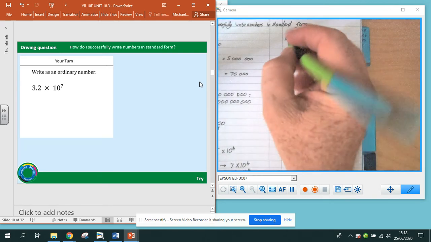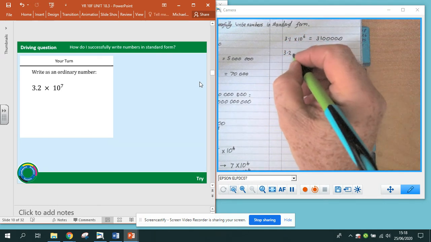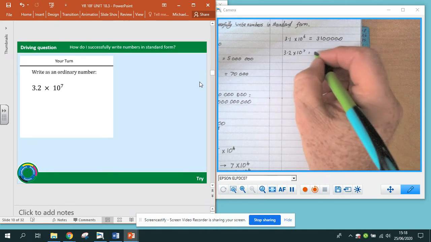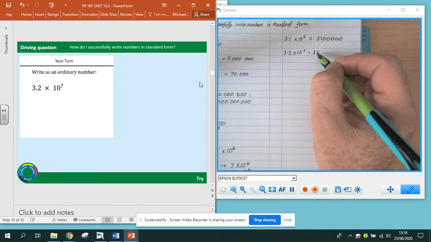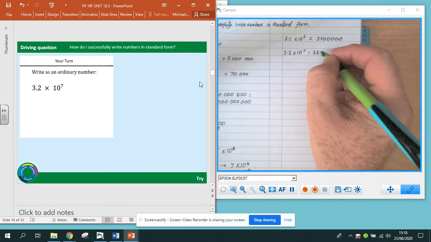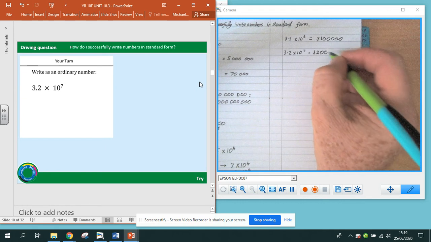Okay, so we're going to do 3.2 times 10 to the 7th. So we're going to start off with a 3 and a 2. Now with the 2, I need to have 7 numbers. I've got 1, so I need another 6 zeros.